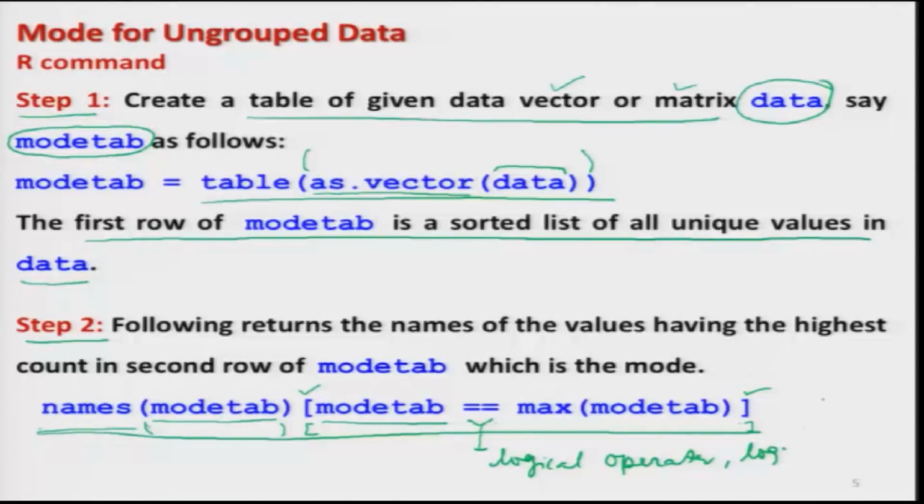For example, we have the less than sign and the greater than sign, and the equality sign means equal to, but the logical equal sign is denoted by two equality signs. And then I am trying to find the maximum value of the data which is inside the mode tab.